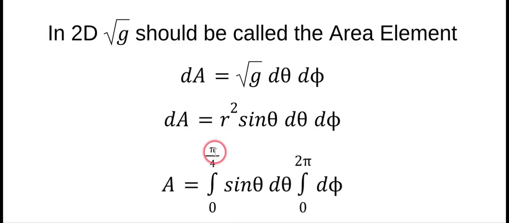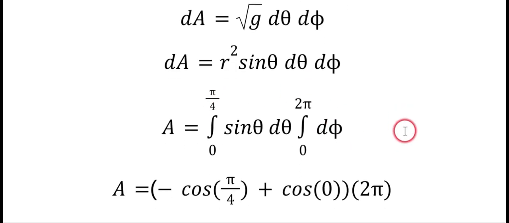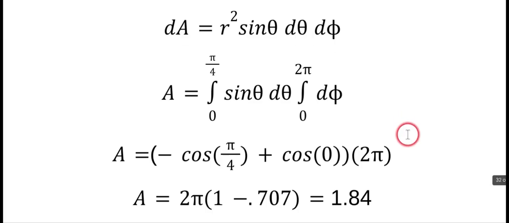And I had my point, and we're going to go look at the graphics in a moment, at 45 degrees, which is pi over 4. And the phi went all the way around, 0 to 2 pi. So the theta came from 0 to 45 degrees, and the phi went all the way around. So we integrate that out. We get this. And so the area of what we're getting ready to look at was 1.84. So let's go look at it.